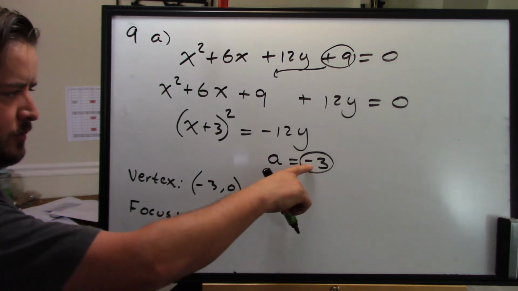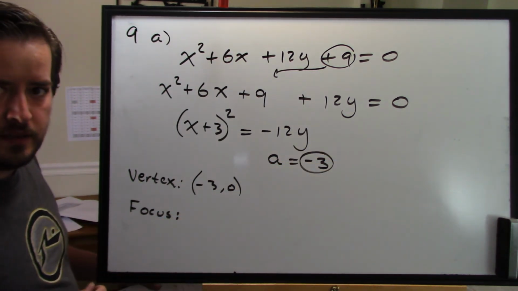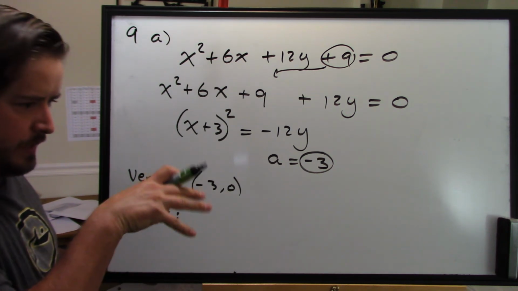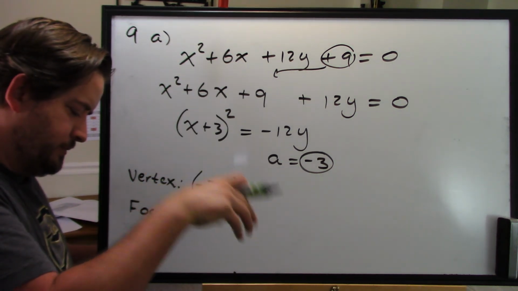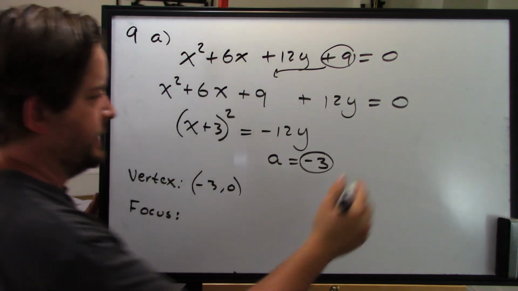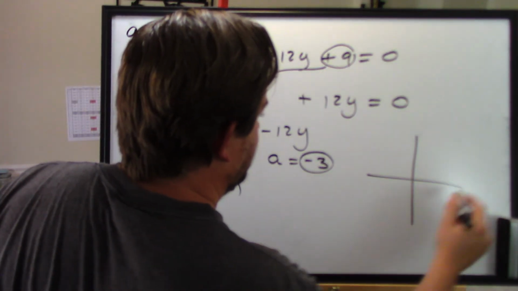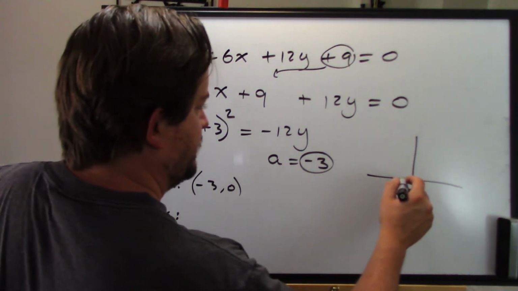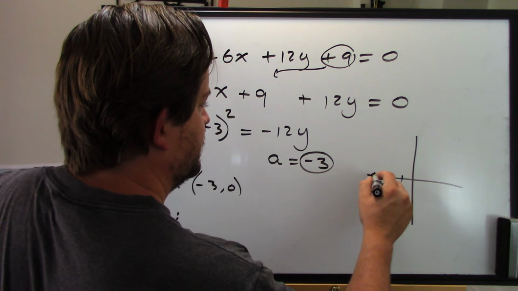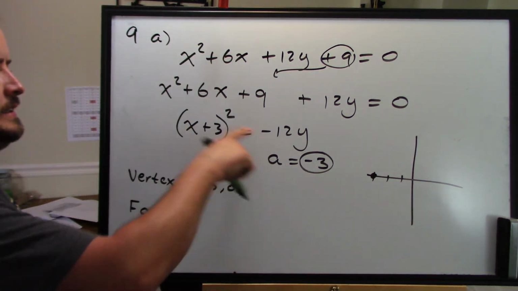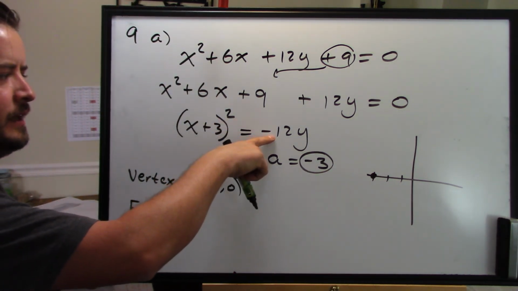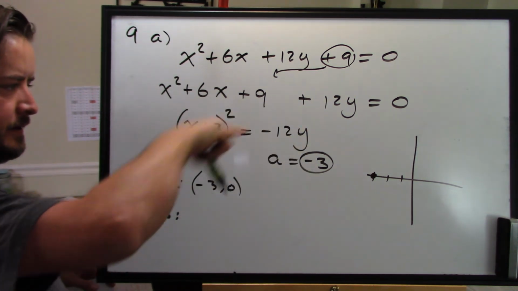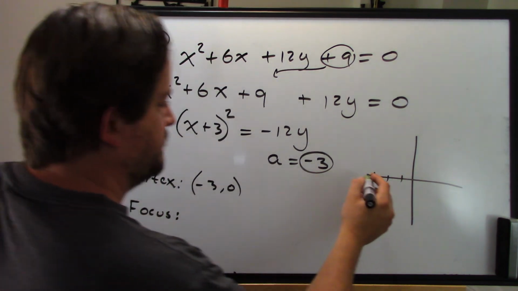The focus, you move 3 into the area, into the parabola. I don't know what it's called. Into the inside, the interior of the parabola, right? So my vertex here is negative 3, 0. That's 1, 2, 3 right here, right? And since this is an x squared and then a negative y, right? That means this is a facing downward parabola.